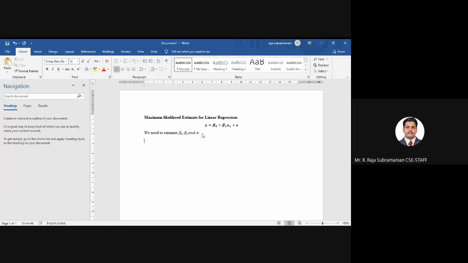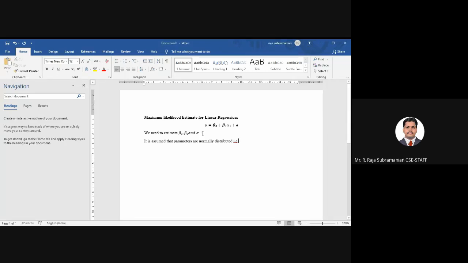It is assumed that the entire distribution for the regression term follows a normal distribution. We assume that everything follows a normal distribution. What will be the mean of the normal distribution?